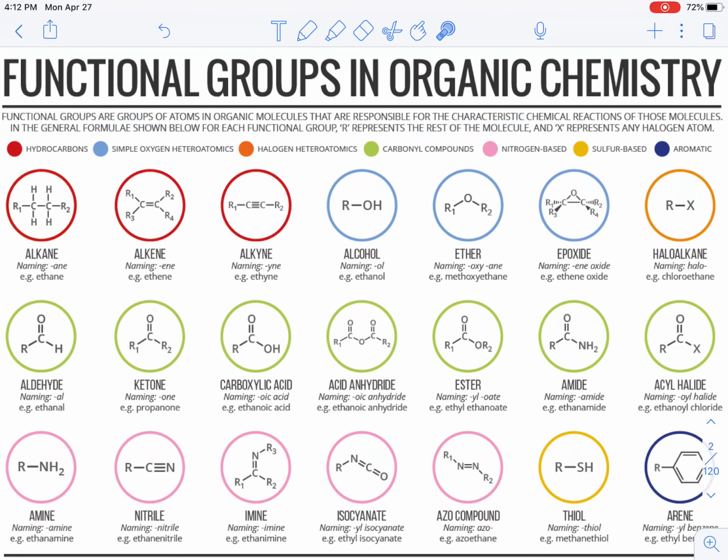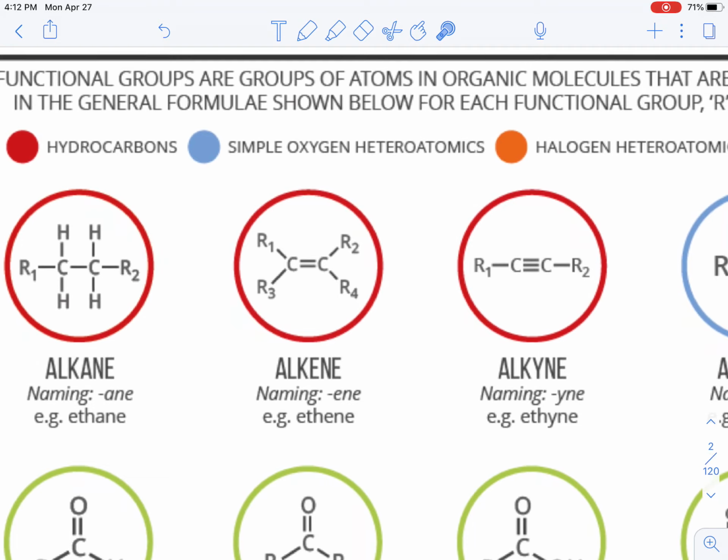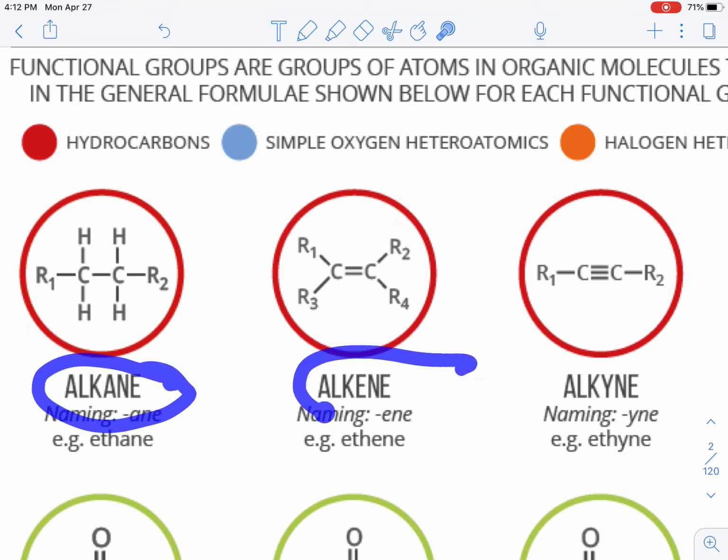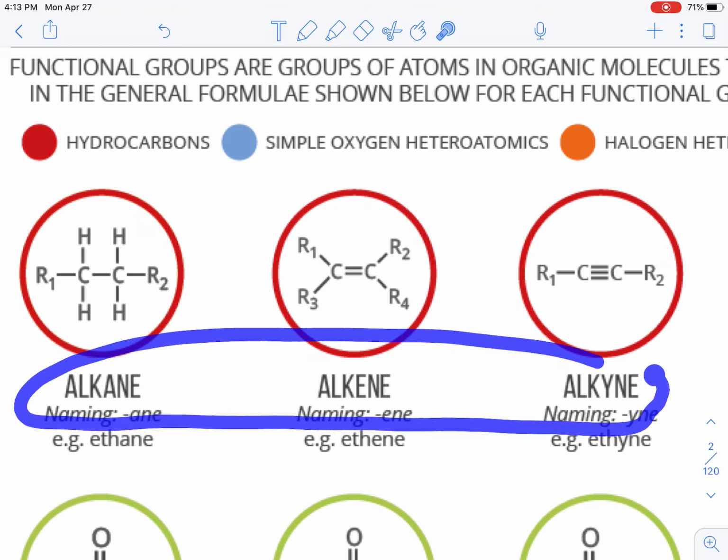Before we discuss very specific functional groups, I want to draw your attention to these three hydrocarbons that we discussed in the previous chapter: alkanes, alkenes, and alkynes. If you look at the elements that make up these hydrocarbons, you'll see that alkanes, alkenes, and alkynes are primarily composed of carbons and hydrogens.